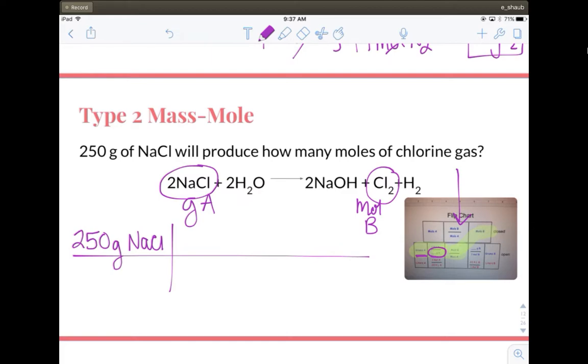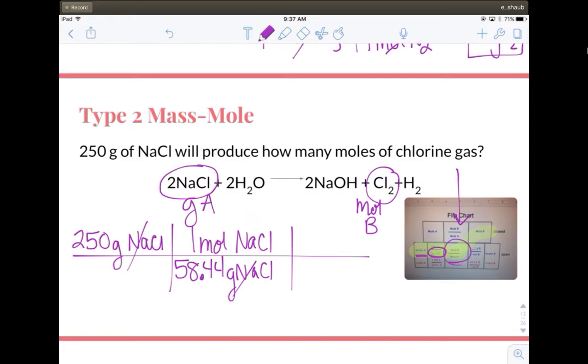If I take a sodium plus a chlorine, I get a molar mass of 58.44. That goes on the bottom because there's 58.44 grams of sodium chloride, just NaCl, in every 1 mole of NaCl.